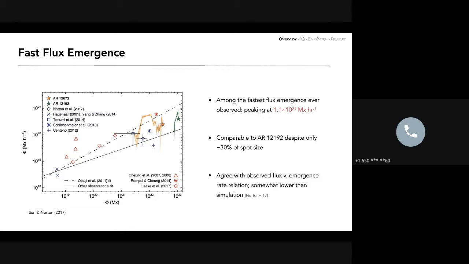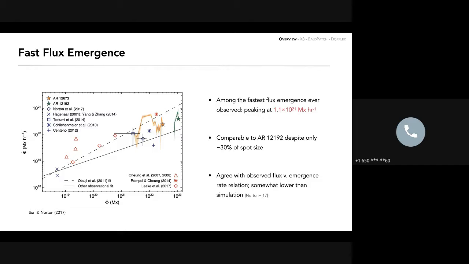The yellow symbol is active region 12673, and the track indicates its evolution over several days. The green symbol shows another famous active region, 12192 in 2014, which is the largest active region since 1990. The peak flux emergence rate is almost as fast as that of active region 12192, despite having only about 30% of the sunspot size. And it's much, much higher than most of the other active regions.